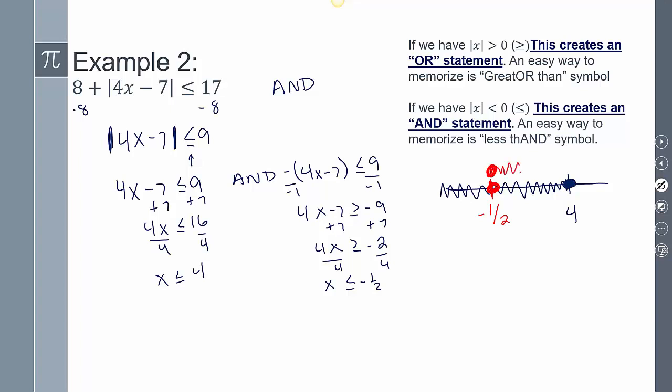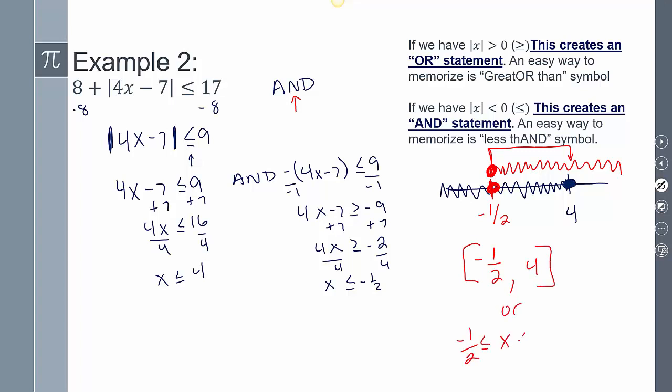And that's going to go on. Because it's an AND statement, and means intersection, it's where they overlap. Meaning if I smush those two lines together, where do they overlap? It overlaps from here all the way to here. So I can say that's negative 1/2 with a bracket, comma 4. Or I can say x is between negative 1/2 and positive 4.